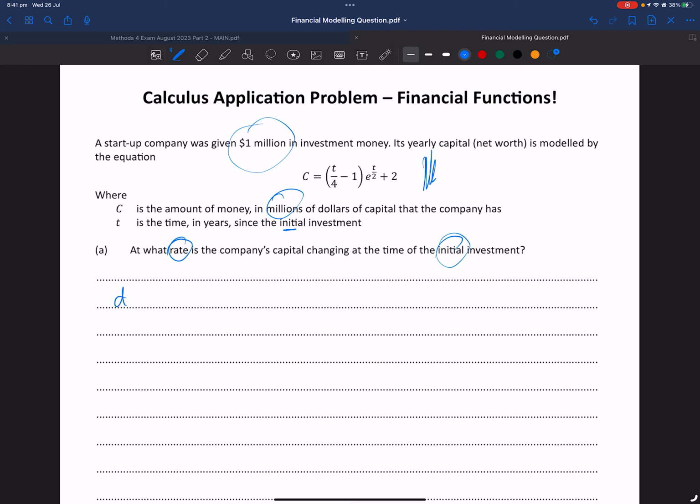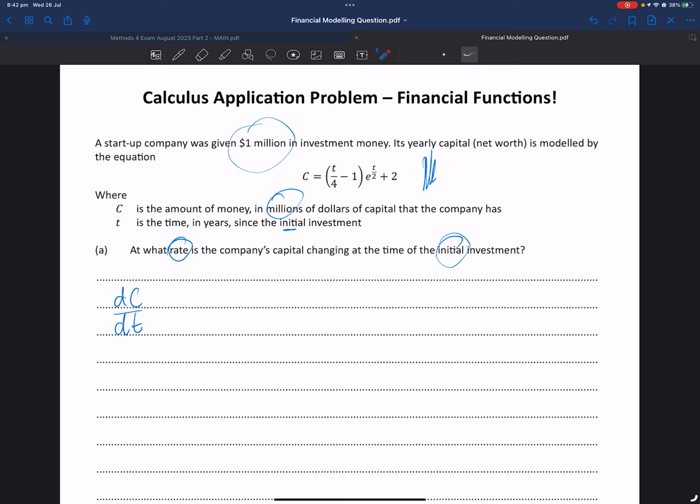We've got dC by dt. Now, I'm going to make sure I understand what I am seeing here. I have the derivative of this expression here plus this number here.